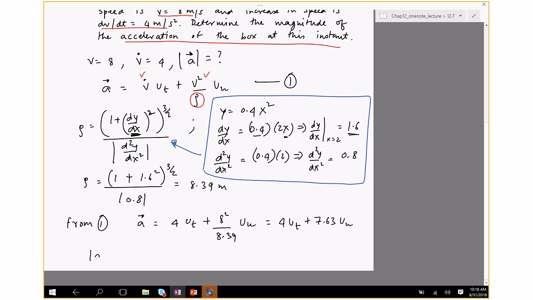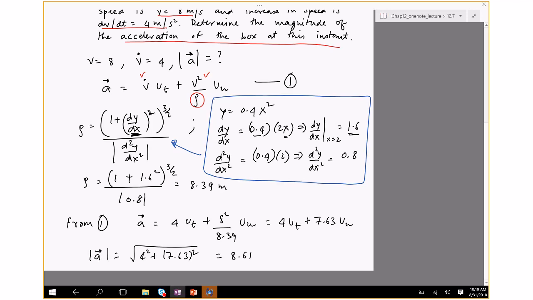Since we are asked to find the magnitude, it's simply the square root of the x component squared plus the y component squared, which is 8.61.